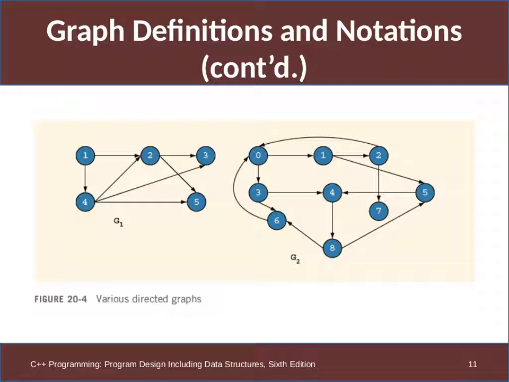Connected just means there's a path. So in G1, are 1 and 5 connected? Yeah. How about in G2? Wow. Oh, well, here we go. How about 7 and 4? No, okay, we finally found one. They're not connected. Finally. G2 has a lot of edges running around.